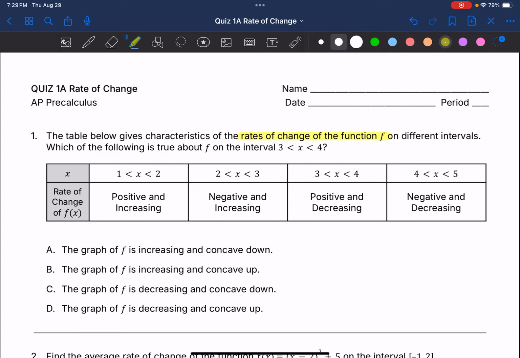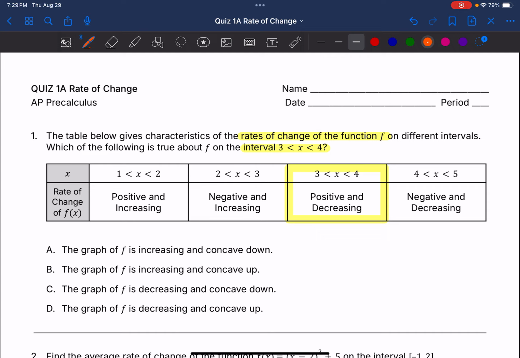So not the graph itself, what's happening to the rate of change. They want us to look at the interval from 3 to 4. So the rest of this graph, yes, it gives you good information, but we don't really need it. We're only looking at the interval from 3 to 4, this right here. And it's telling us that the rate of change is positive and decreasing.